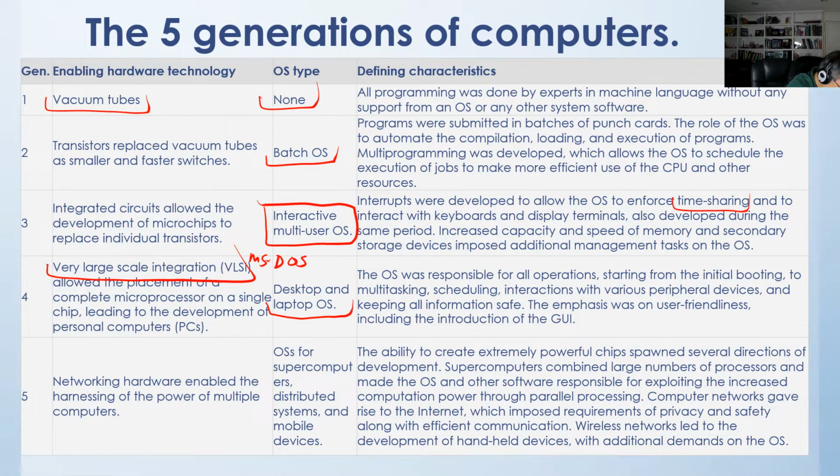So then in this generation, the computer system is no longer used only by big corporations. The computer system can be used by individuals. And then with the networking hardware, the new network hardware enables harnessing the power of multi-computer systems.